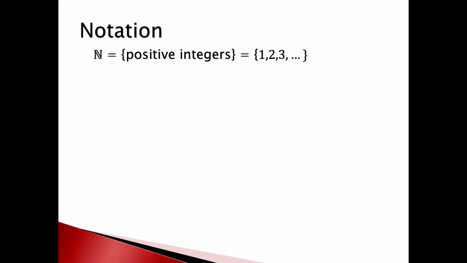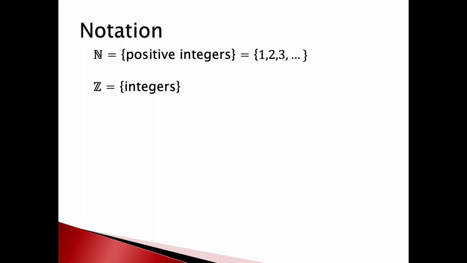Okay, a little bit of notation here because we'll use this a lot throughout the rest of the class. We've talked about integers and positive integers and real numbers and so forth. There's standard mathematician notation for all these things. That font is called blackboard bold, where you make the letter with double lines in places. That kind of an N is what we'll usually use for the set of all positive integers 1, 2, 3, 4, and so on.